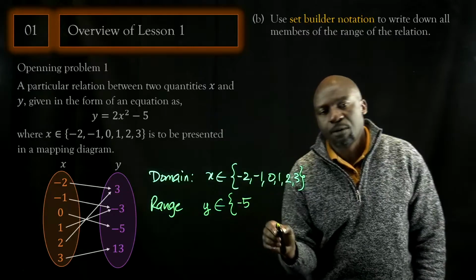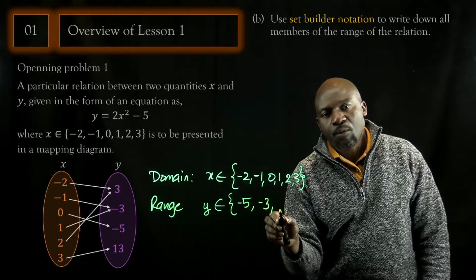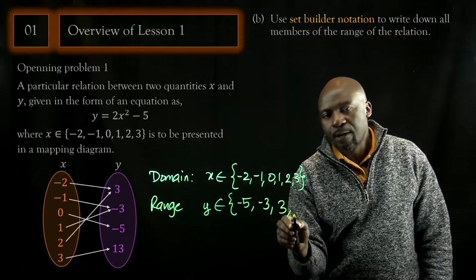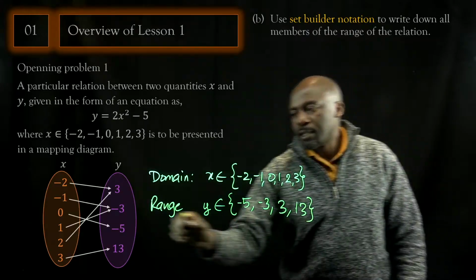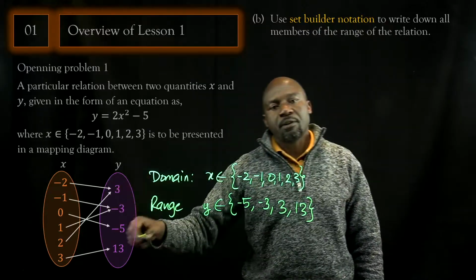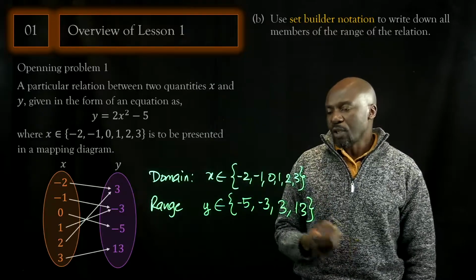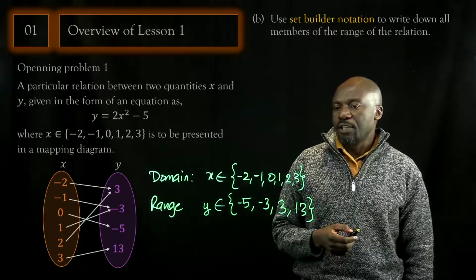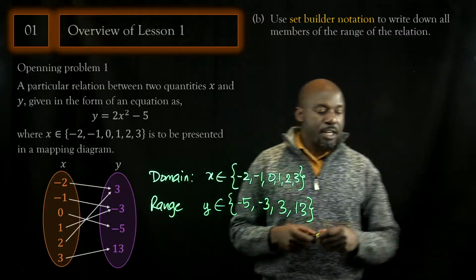We usually start from the smallest, followed by -3, and then we have 3 there, and we have 13. And this is the range of this particular relation, and we have presented the domain using set builder notation. Yes? Just as simple as that.